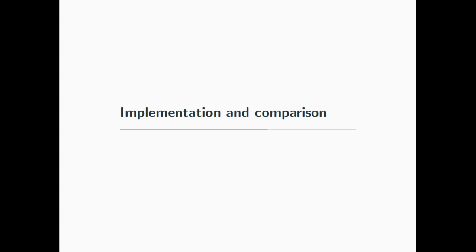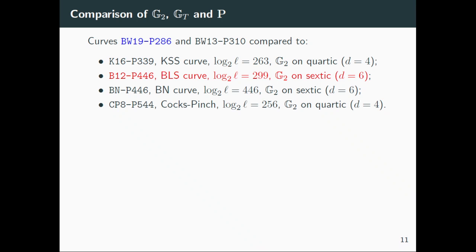The curve of embedding degree 13 is named BW13-P310, and the other of embedding degree 19 is named BW19-P286. Let's start with estimated costs of exponentiations in G2 and GT and of the computation of the pairing.